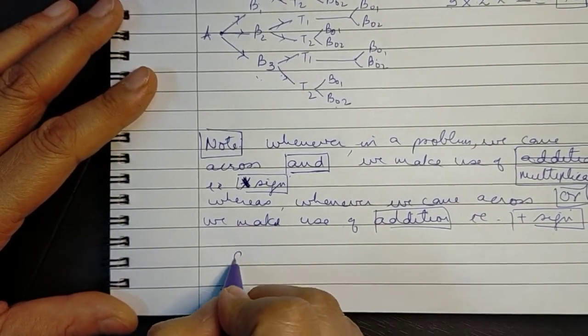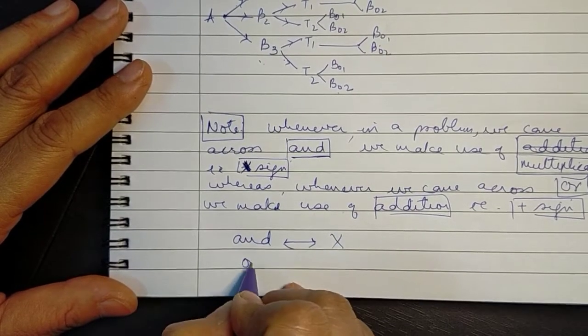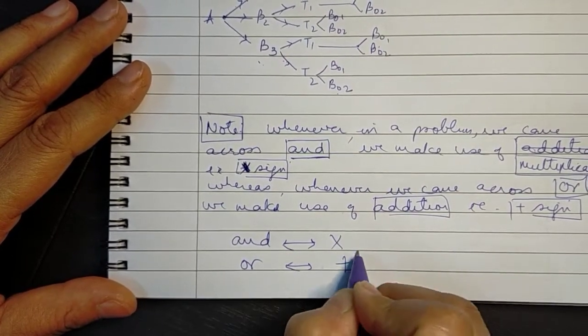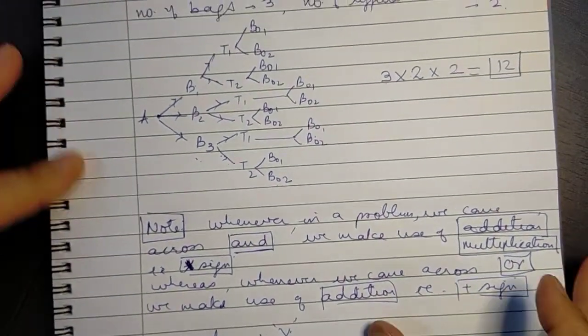That is, 'and' goes with product, 'or' goes with sum. Okay, so you have to keep this in mind to be able to do these questions in an easy manner.